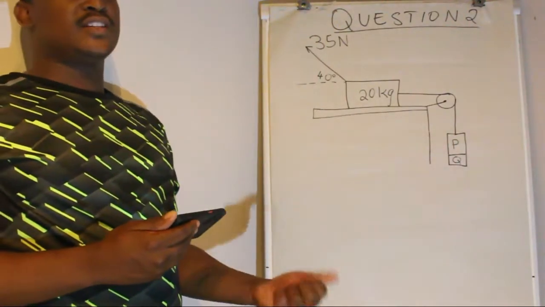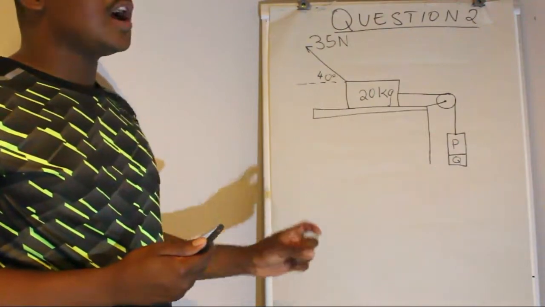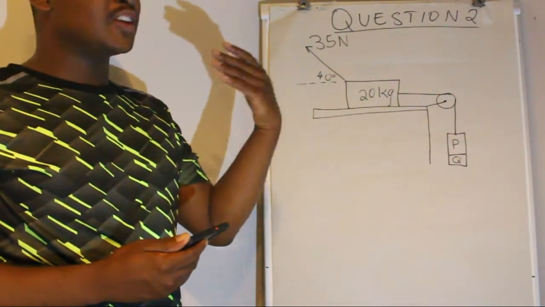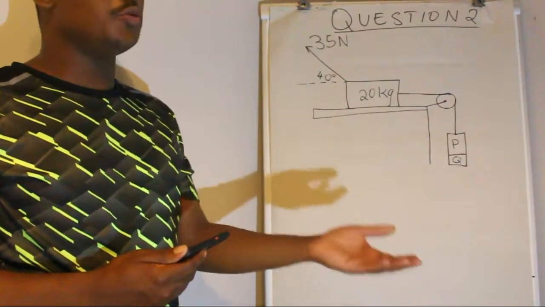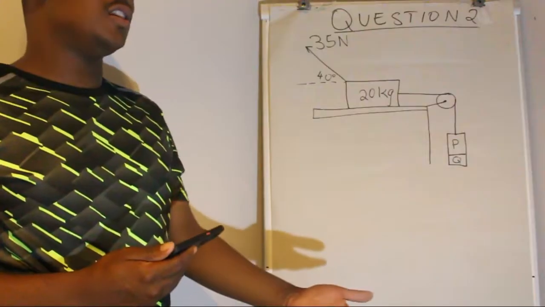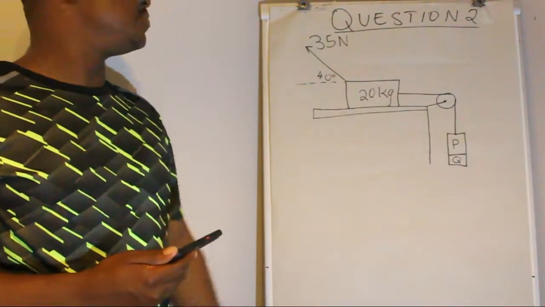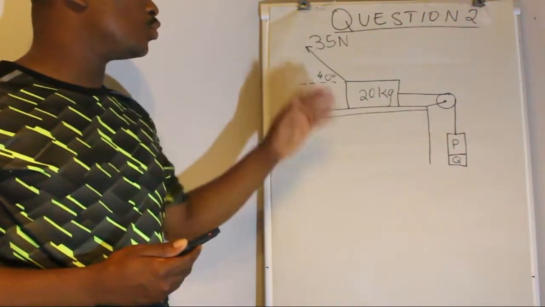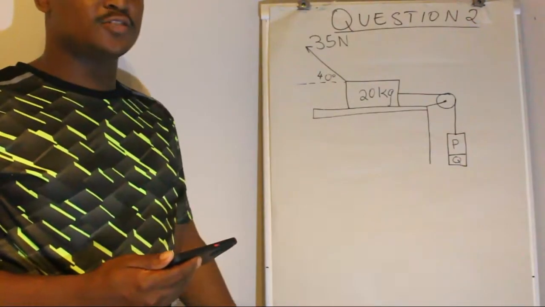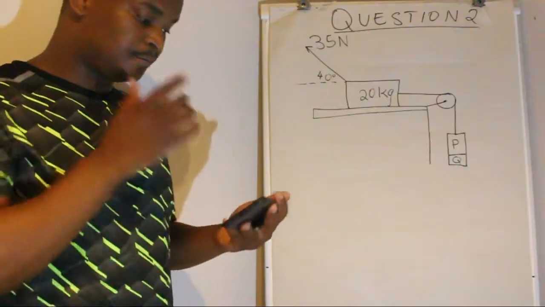But as I'm reading this question, I will show it to you so that you can also pause the video and read the statement yourself, so that you can understand it better. I'm going to explain things so that you can understand what I'm doing here.